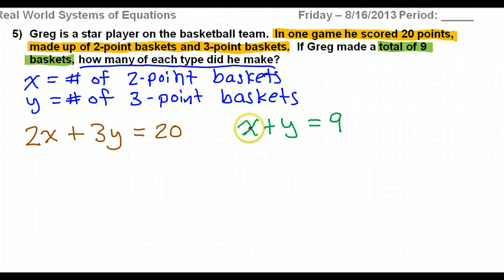The number of 2-pointers plus the number of 3-pointers has got to add up to 9, because that's the total baskets that he made. Alright, so there it is. These are the 2 equations that we are dealing with.